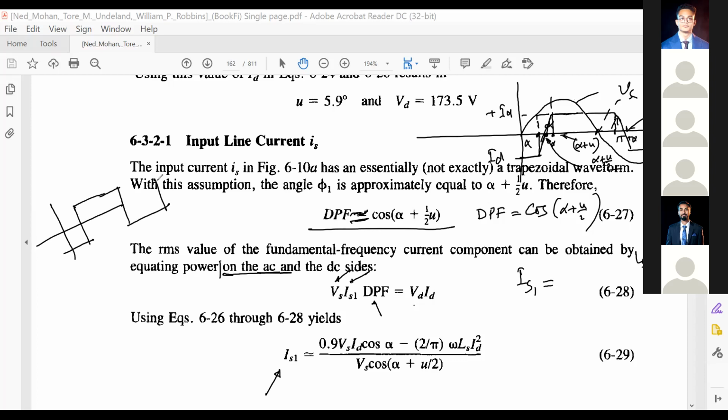IS will have the wave shape like this. This is your IS, 0.9 ID. Yes, IS1 equal to 0.9 ID.